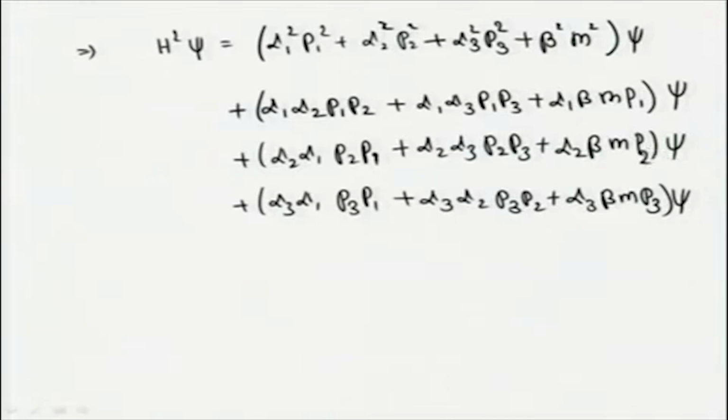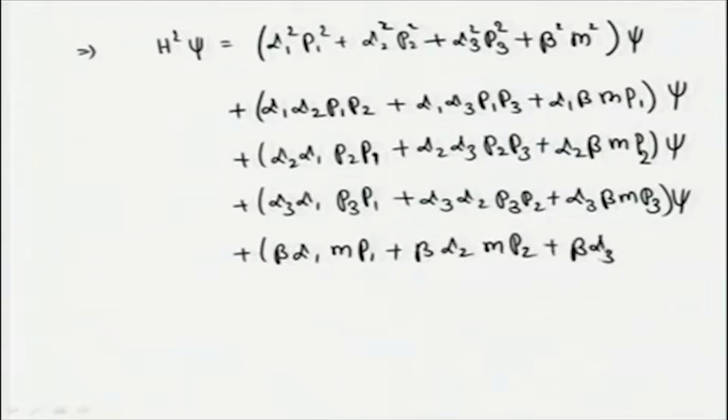Then one more set of terms: beta alpha 1 m p 1, beta alpha 2 m p 2 plus beta alpha 3 m p 3. So, these are the terms when you expand it. I have deliberately expanded it in explicit fashion, so that we will not confuse ourselves.